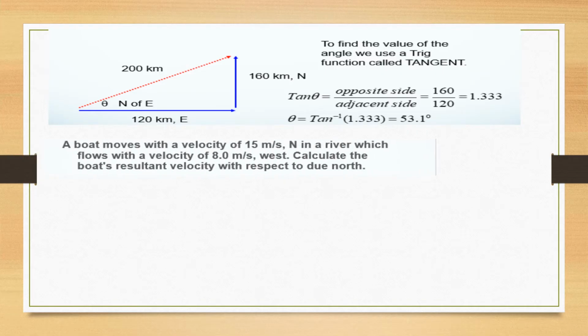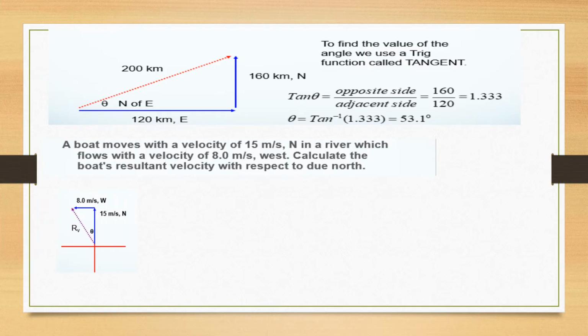A boat moves with a velocity of 15 meters per second north in a river which flows with a velocity of 8 meters per second west. Calculate the boat's resultant velocity with respect to due north.